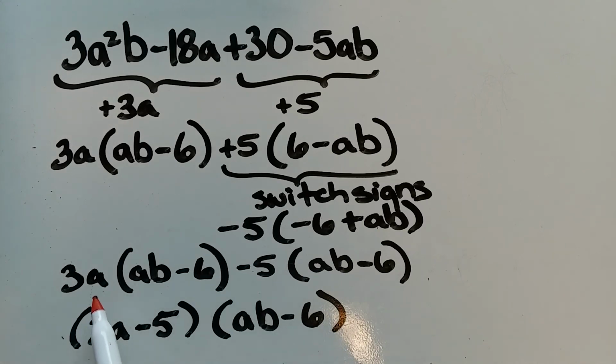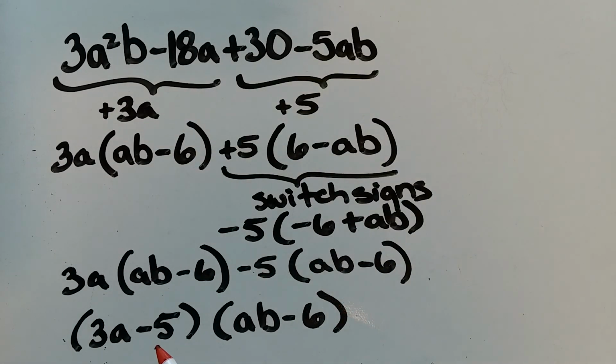So this becomes 3a minus 5. 3a minus 5 is one term, a binomial term, and ab minus 6. So I just followed the sign of this first binomial. So let me know if you have any questions, and I hope this helps.